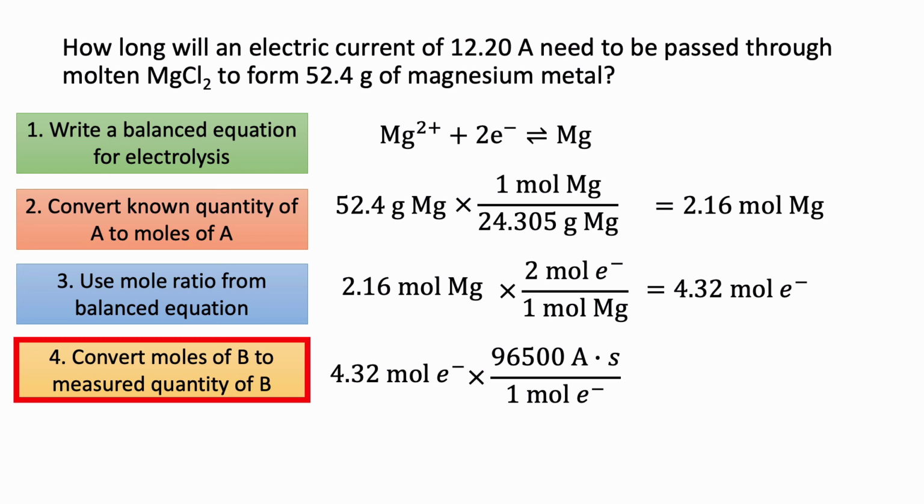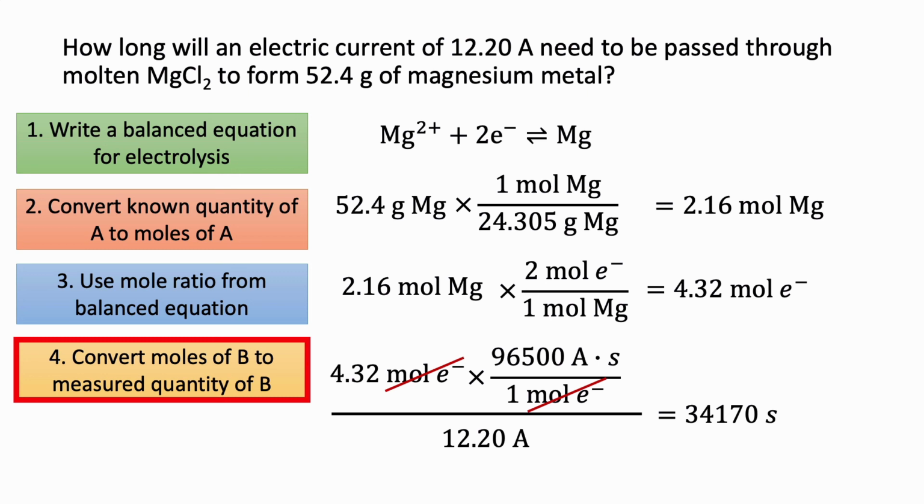And notice instead of putting 96,500 coulombs per mole of electrons, I just put amperes times seconds, because that's what coulombs are. If we check our units, we're going to end up with units of ampere seconds. Well, we just want to figure out how much time, so we just want to end up with seconds. Let's divide by the current that we know, 12.20 amperes, because then our amperes will cancel and we'll just end up with units of seconds.